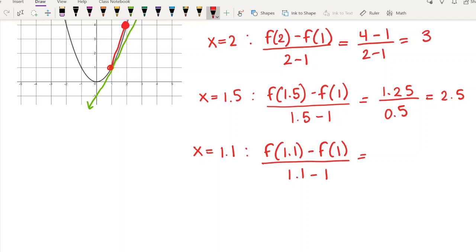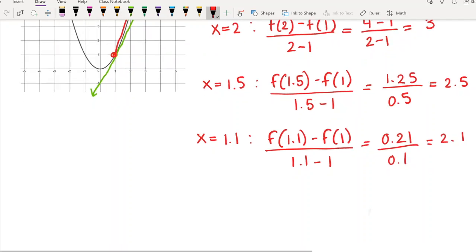What did I do wrong here? Oh, never mind. Sorry, I confused myself. 0.21 is 1.1 squared minus 1. So that's our numerator. And then we're going to be dividing this time by 1.1 minus 1, so that's 0.1. And so if you divide this out, you should get 2.1. So again, notice the slope is a little bit smaller than the previous one.